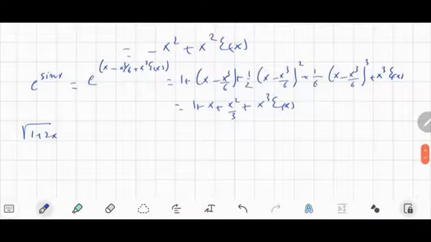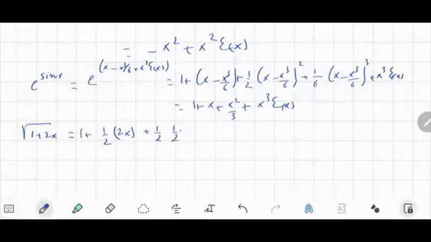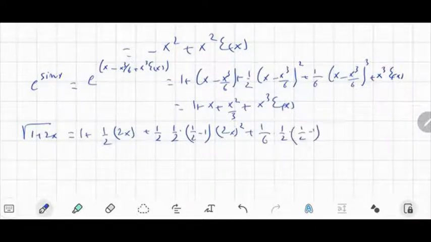Now for the square root of 1 plus 2x, it's equal to 1 plus half times 2x, as we are used to do, plus half times half minus 1 times 2x to the power of 2, plus 1 over 6 times half minus 1 times half minus 2 times 2x to the power of 3, plus x3 epsilon of x.